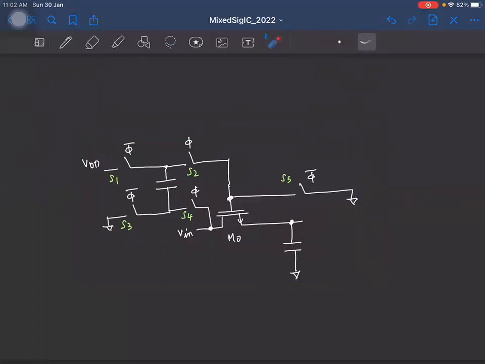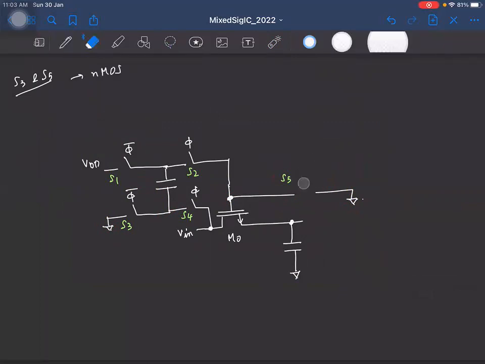So first let's start with the switches S5 and S3. If you look at these switches S3 and S5, what they are doing is that they are connecting this node to ground, and S3 connects this node to ground. So essentially the input to the switch is a constant input that is equal to 0, right? A low input voltage. So we can easily use an NMOS switch for this.